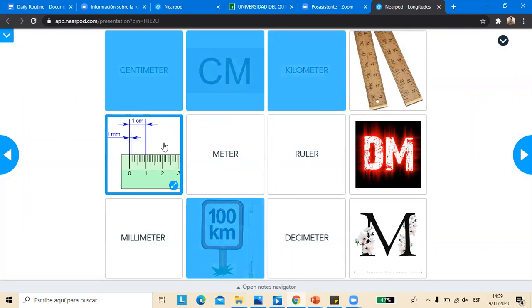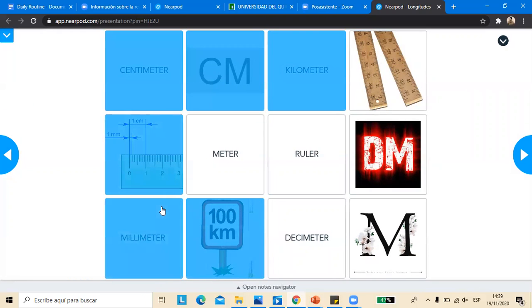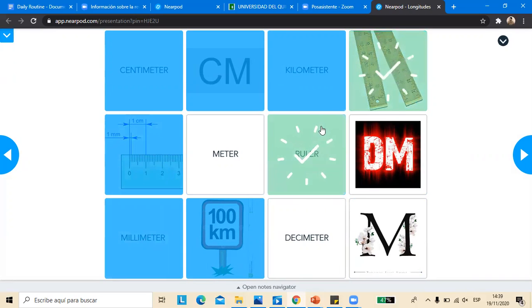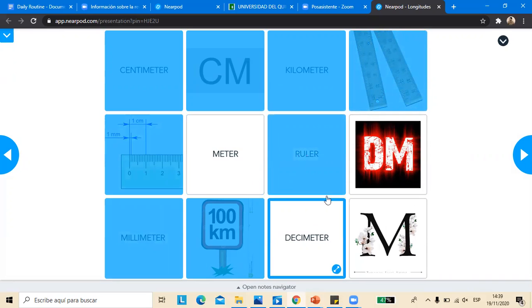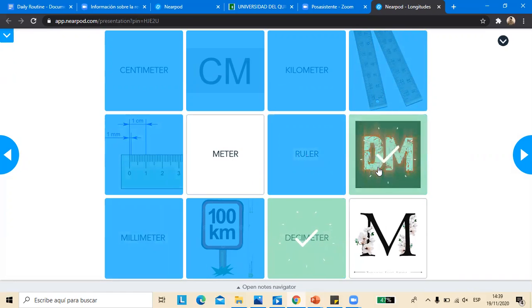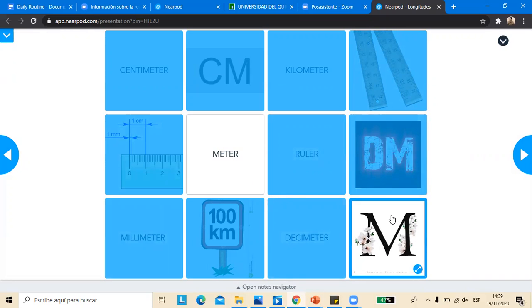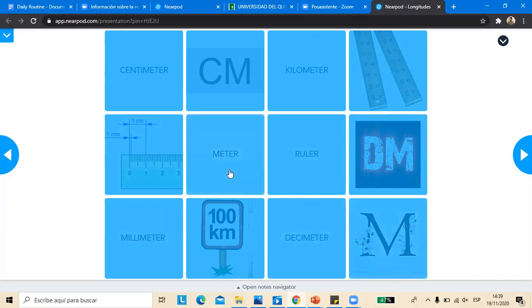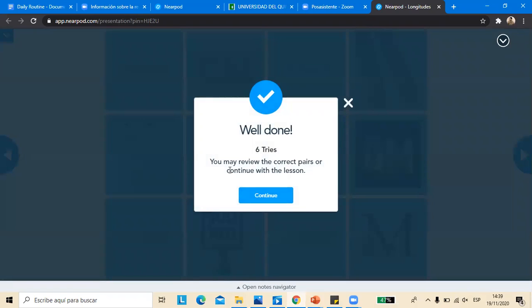And what about this one? They are millimeters. Oh, yes. And this one? It is a ruler. Yes, perfect. And what about this one? BM. Yes, very good, Peter. And this one? Meter. Yes. Oh, great.